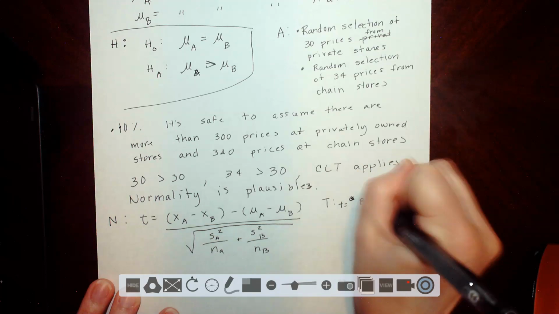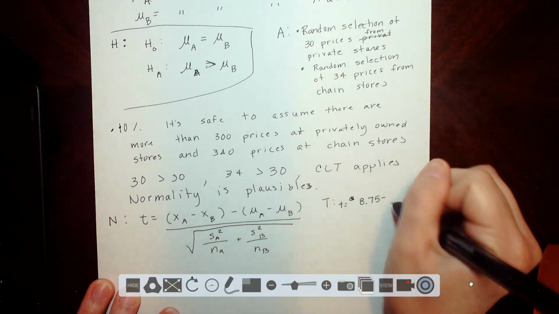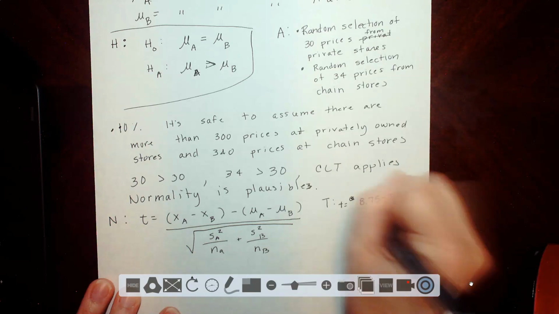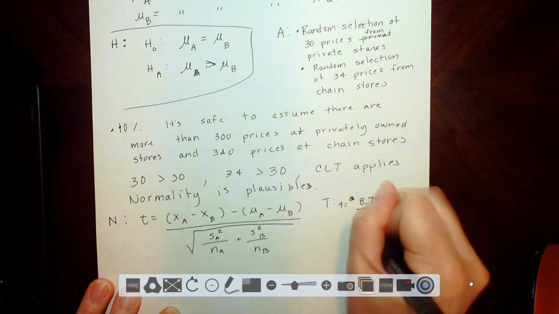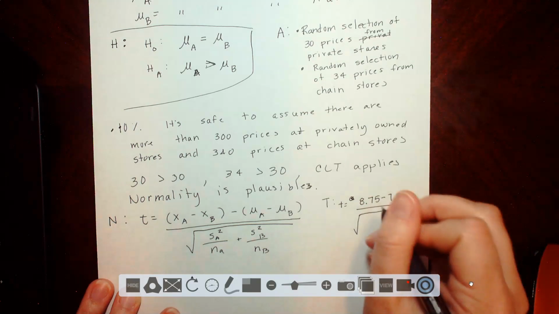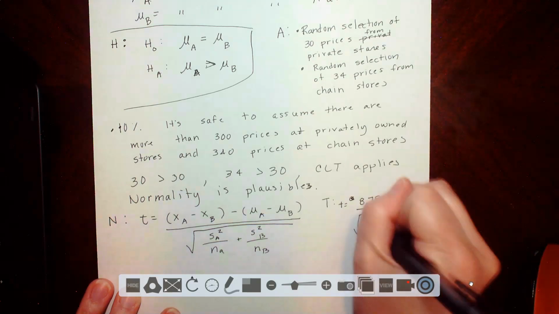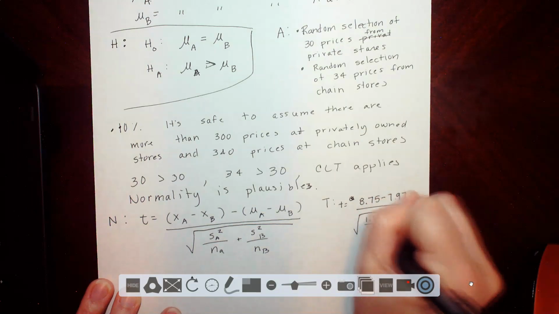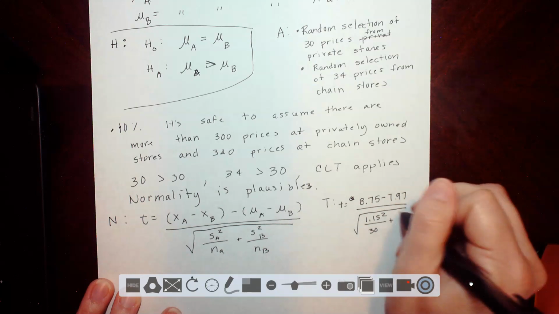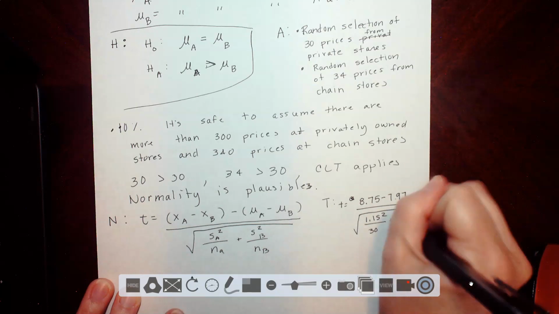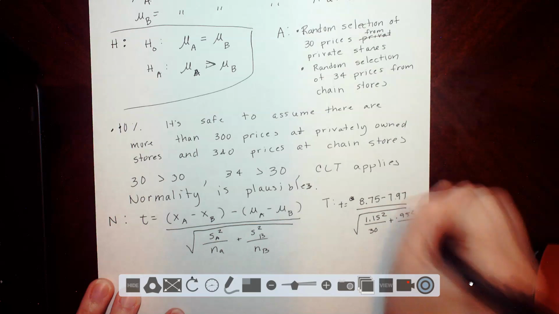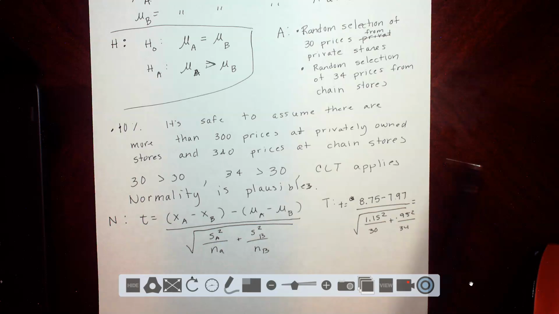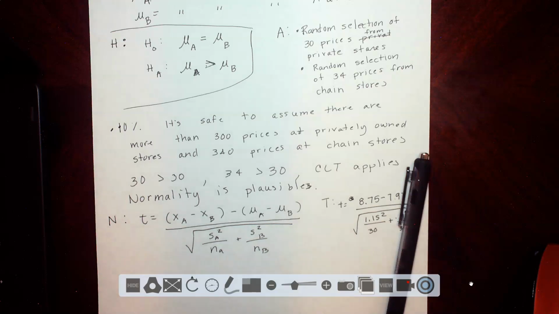Do not forget that when you're doing this. $8.75 minus $7.79 over the square root of 1.15 squared divided by 30 plus 0.95 squared over 34. Okay, let your calculator do this calculation for you.